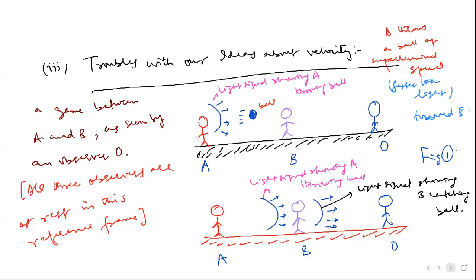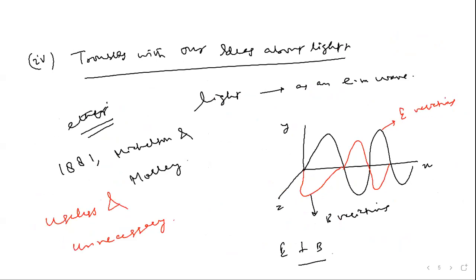Then we discussed the trouble with our ideas about light. We said there was a hypothetical medium postulated to explain the propagation of electromagnetic waves, light waves, in space, and then attempts were made to measure the speed of Earth relative to the ether, or through the ether.